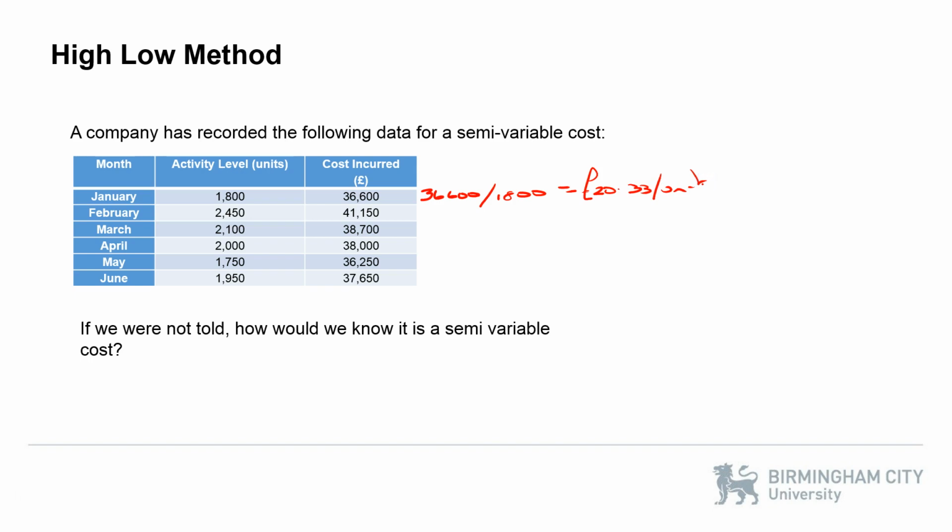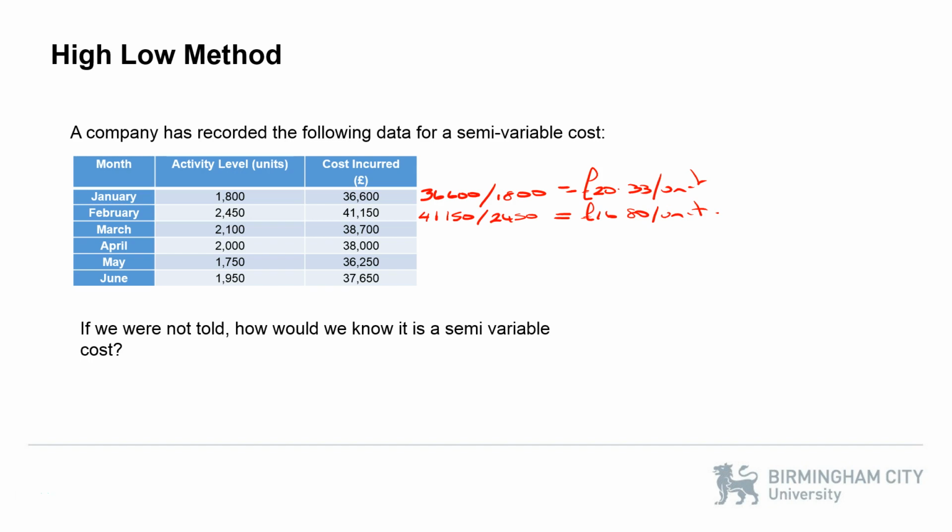Now if we do it again at another level of activity, so let's take February, 41,150 divided by 2,450, that gives me £16.80 a unit. And this is what tells me it is not a variable cost.